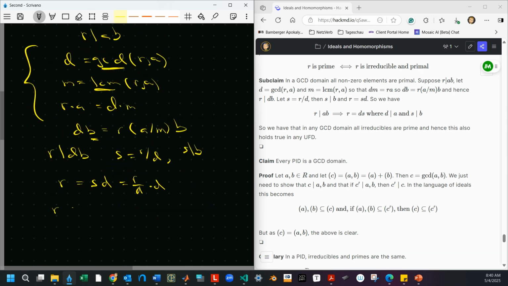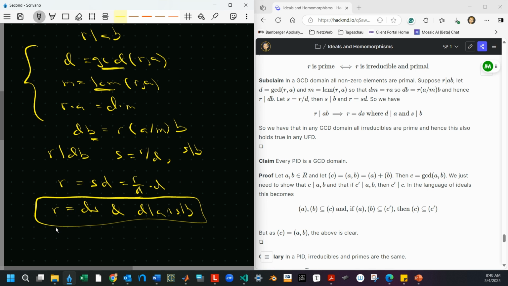And so we have all together here that R is equal to DS, and D divides A, because again, it was the GCD, and S divides B, right? So it was just a construction using the GCD and the LCM. That's what we needed to show.